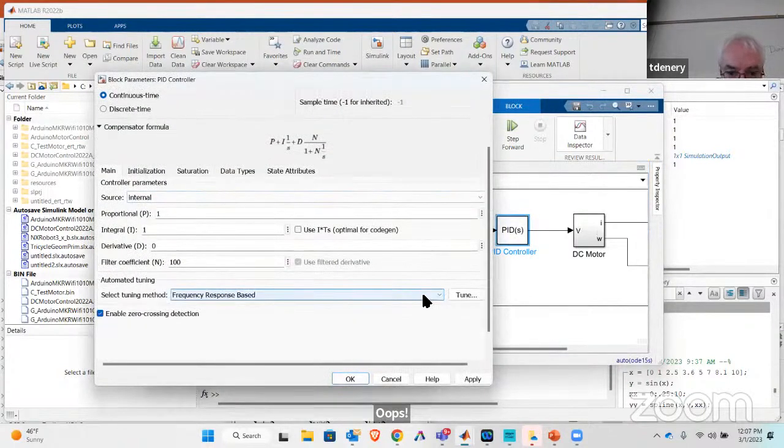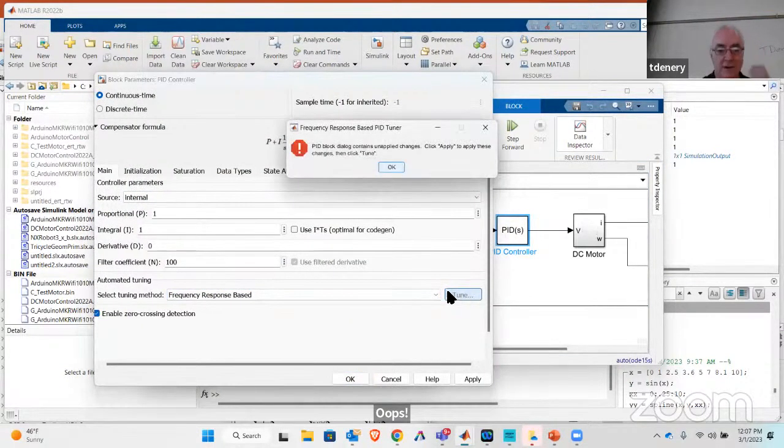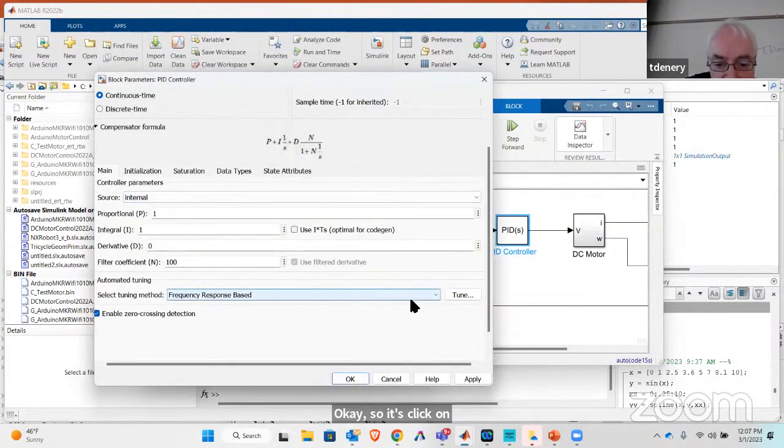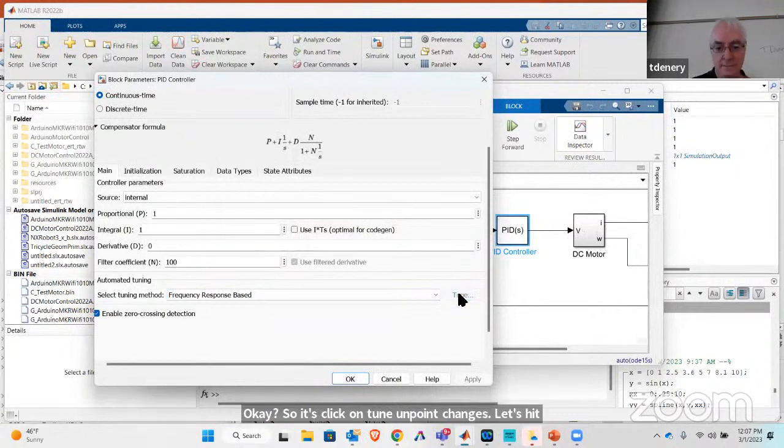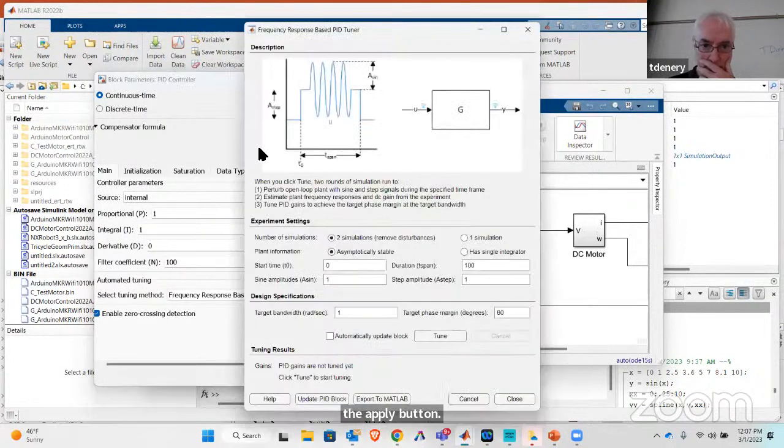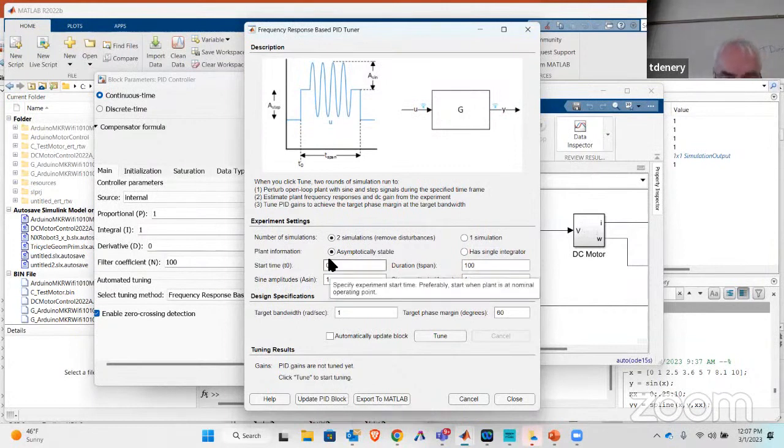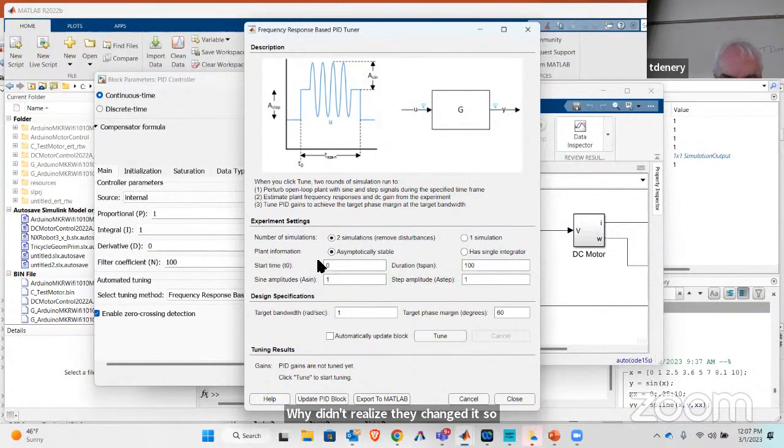Okay, so let's click on tune. Apply changes. So let's hit the apply button. Well, I didn't realize they changed it so much in the 22B release.